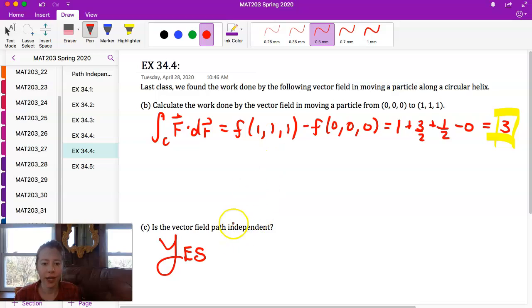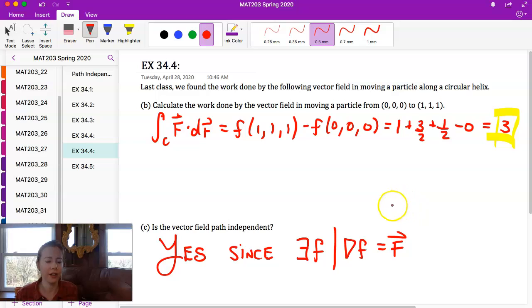And it is path independent since there exists, that's this backwards E, a potential function f such that the gradient of f is equal to our vector field, making it a gradient vector field, which is path independent. Okay, let's go through one more.